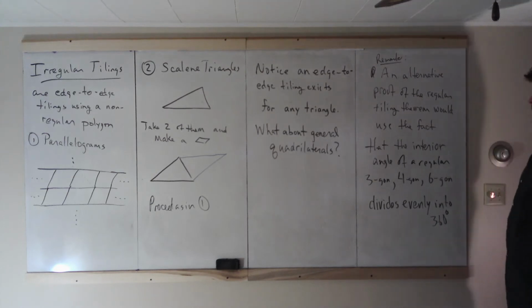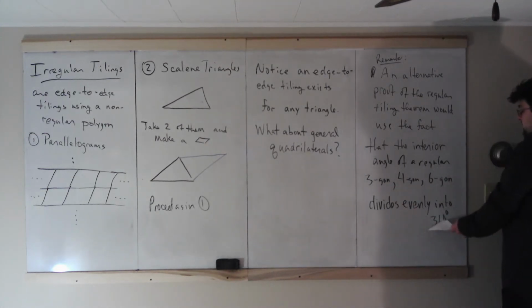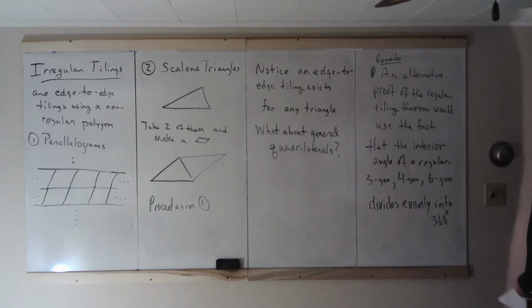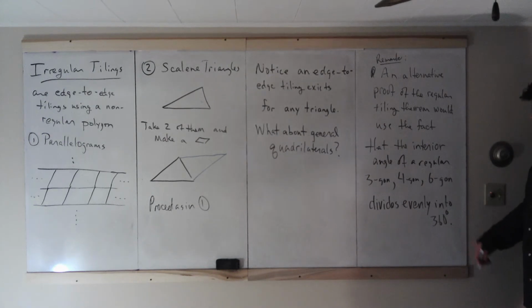So the regular three-gon interior angle is 60, 60 times 6, 360. The regular four-gon interior angle is 90, 90 times 4, 360. The interior angle of a six-gon is 120, 120 times 3 is 360.